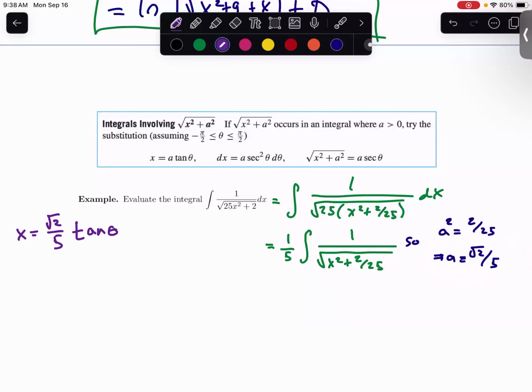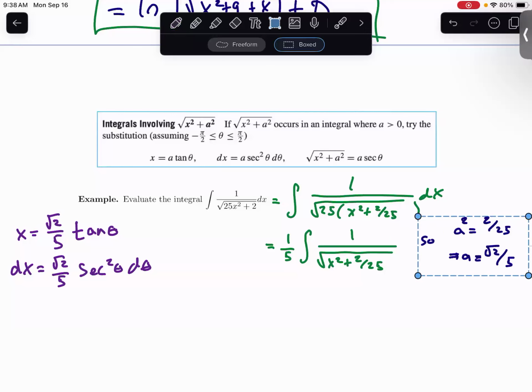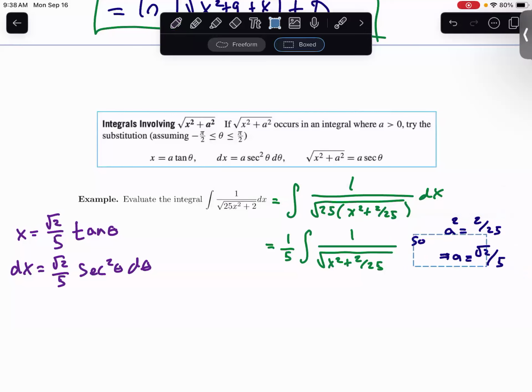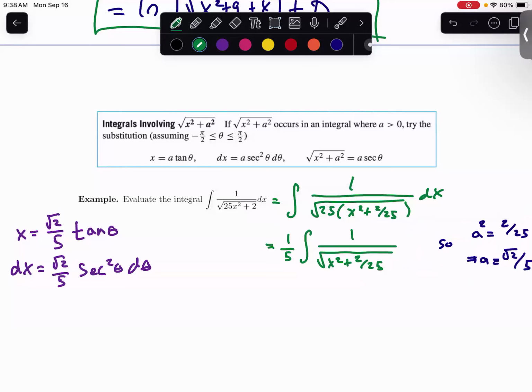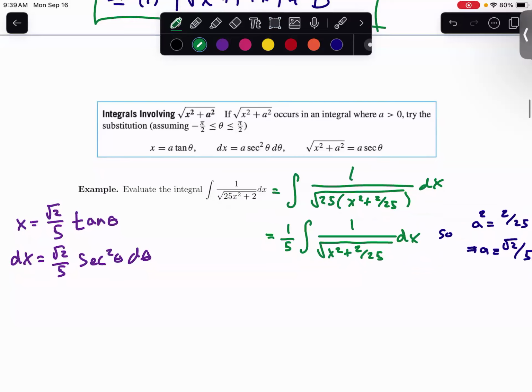If you take the derivative, dx is going to be the square root of 2 over 5 times secant squared theta d theta. Oh, I forgot to write the dx. 1 second. And so now it's just a matter of substituting in all of your terms to make sure that you can write it in terms of theta.